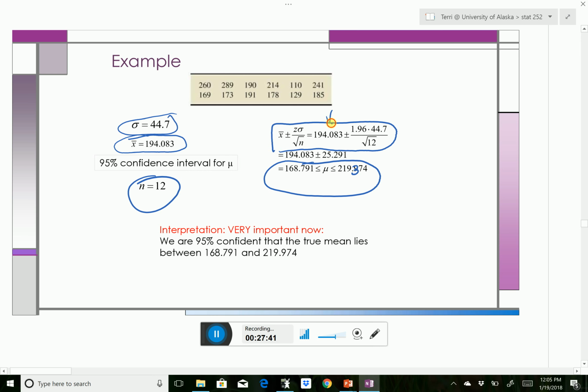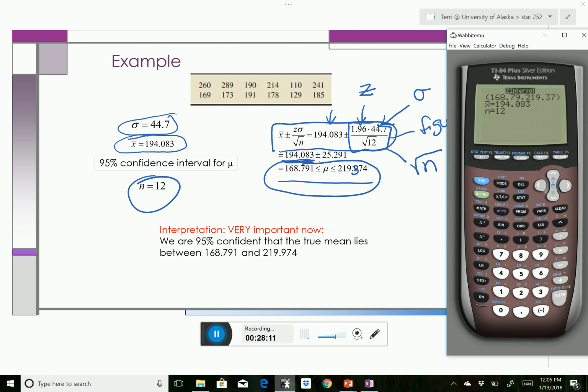It took your X bar, and it adds and subtracts your 1.96, this is your Z, times your 44.7, which is your sigma, divided by the square root of your n, which is 12. So you figure this part out first, and then you add and subtract it to your 194.083, and you have your answer.